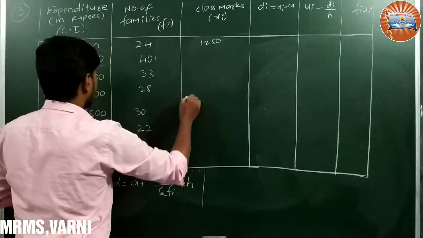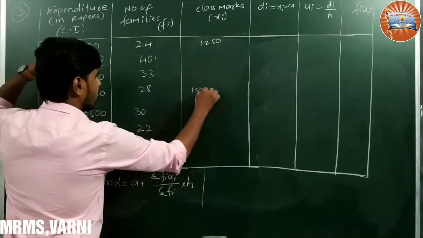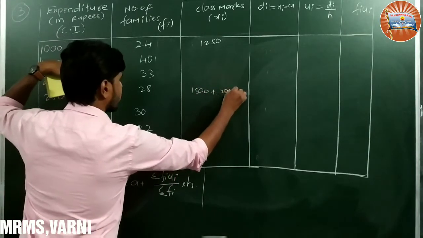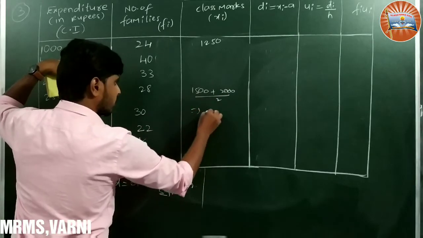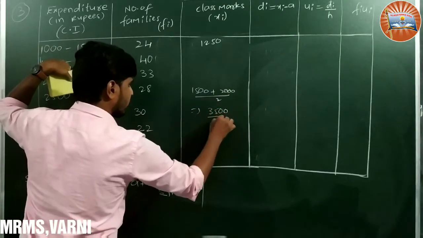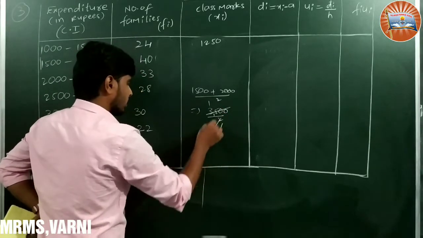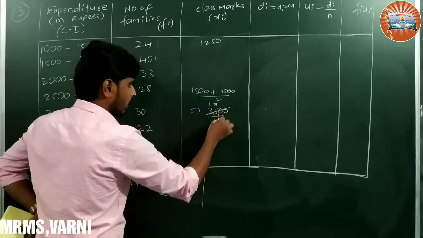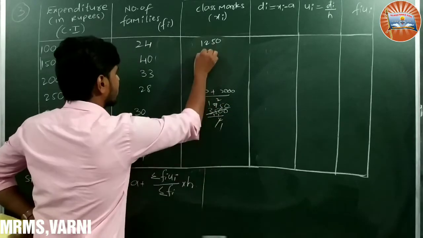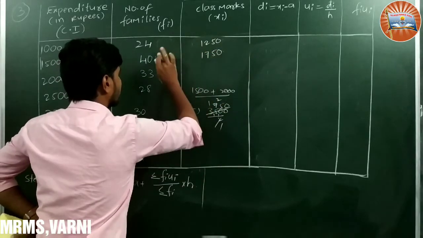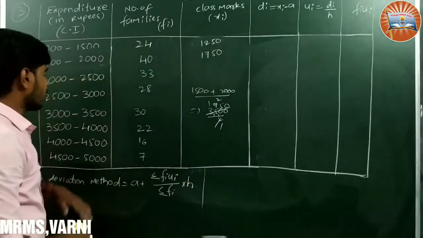Next, 1500 plus 2000 by 2. What becomes? 3500 by 2. 2 ones are 2, 2 sevens are 14, 5 0. 1750. Okay. This is the class mark for the second class interval.